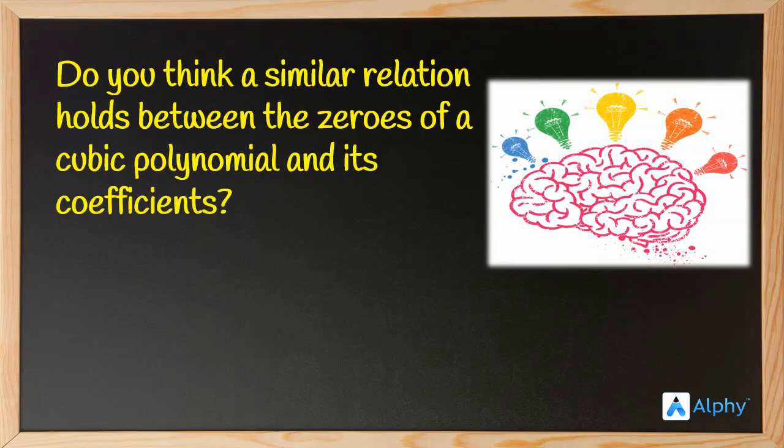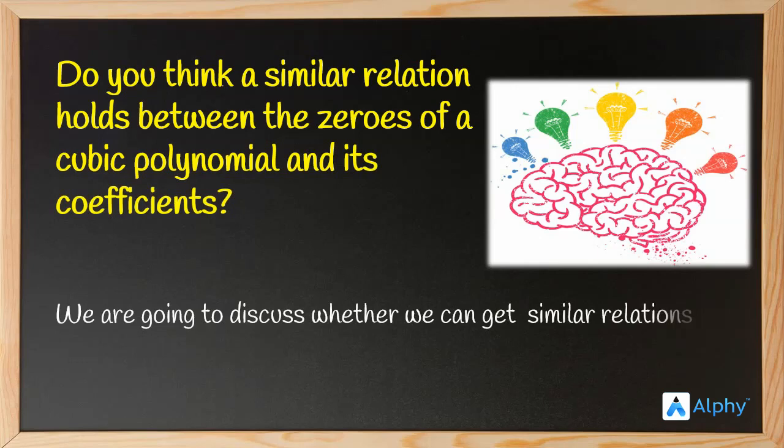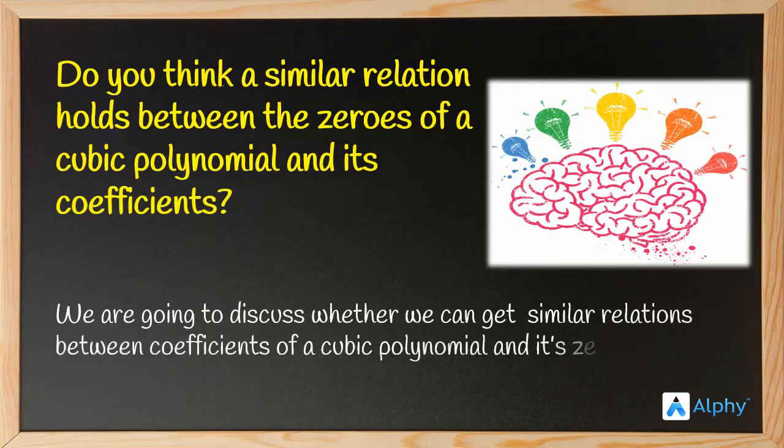We are going to discuss whether we can get similar relations between coefficients of a cubic polynomial and its zeros. So we are going to see today if similar relationships exist for a cubic polynomial as well.